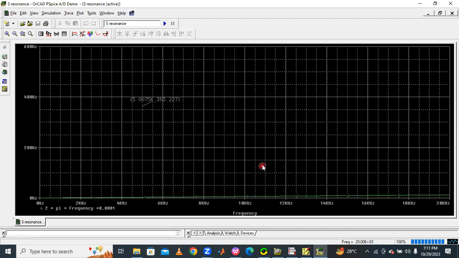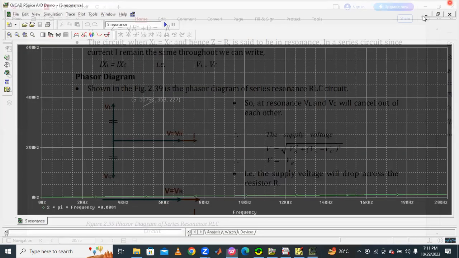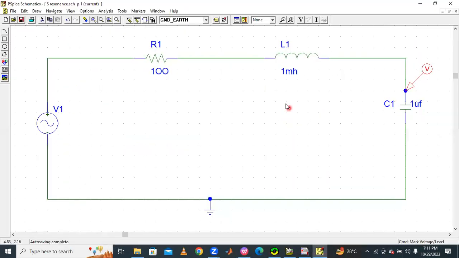XL versus frequency curve changes like this. So again simulate and then you can easily understand.